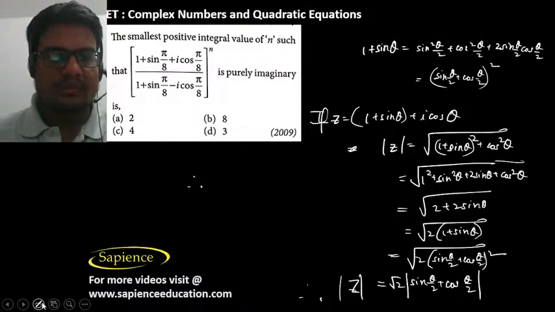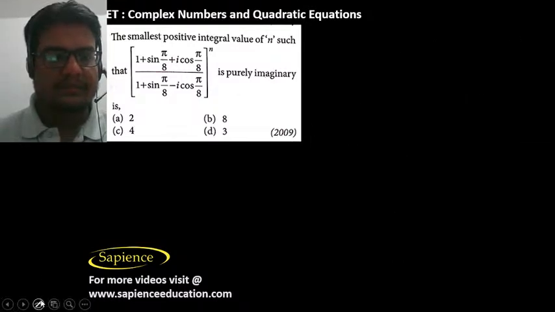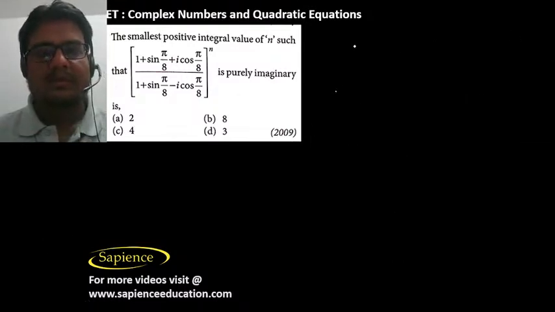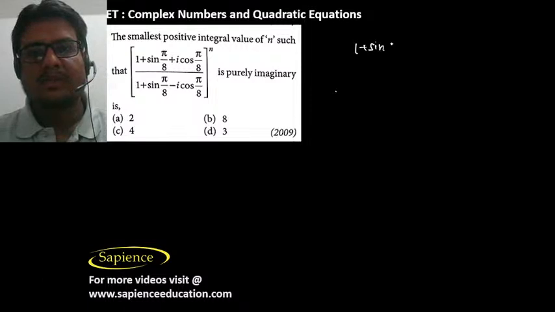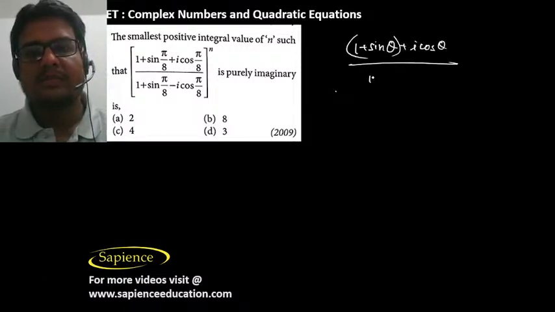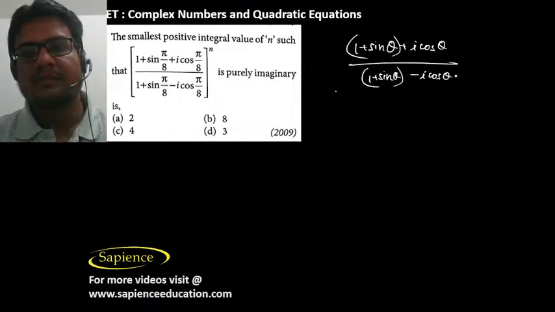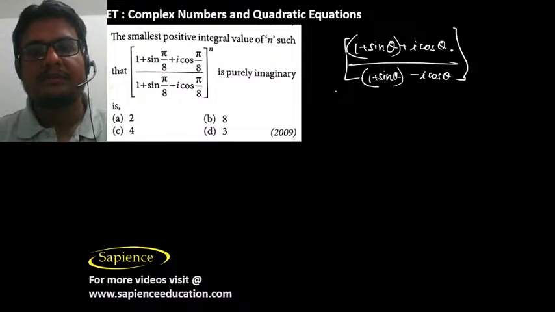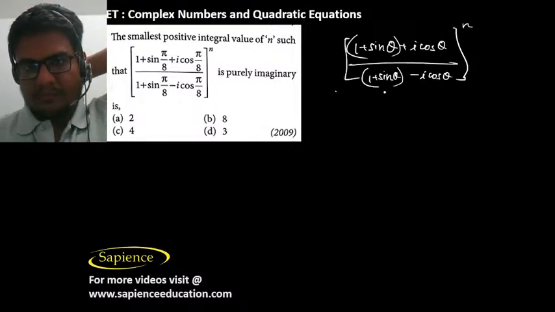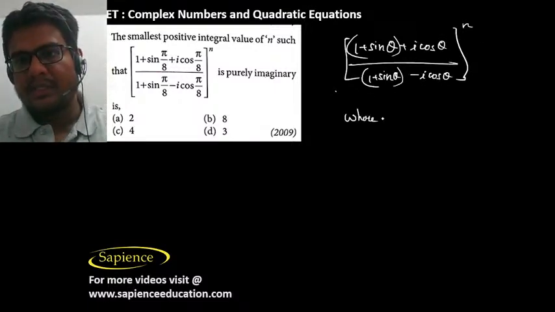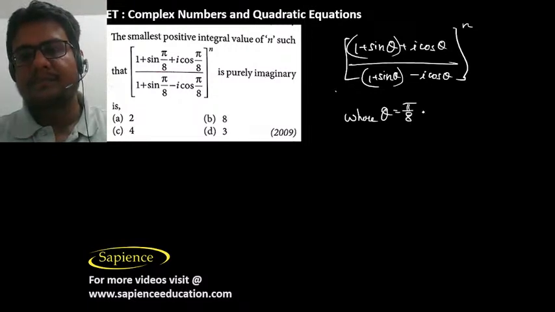Okay, suppose we solve it like this: (1 plus sine theta plus i cos theta) divided by (1 plus sine theta minus i cos theta), whole power n, where theta is pi by 8.